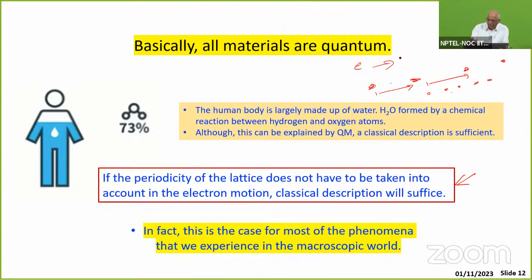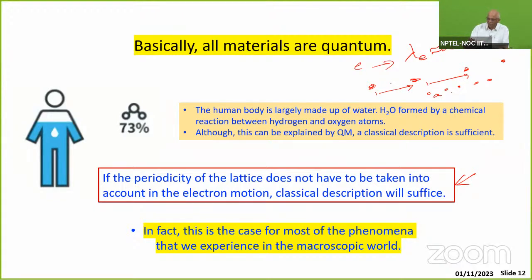Correct, exactly. So you have to look at the de Broglie wavelength of that electron. What is the electron wavelength? If that wavelength is of the order of the lattice spacing, then you can't treat the electron as independent of the medium.